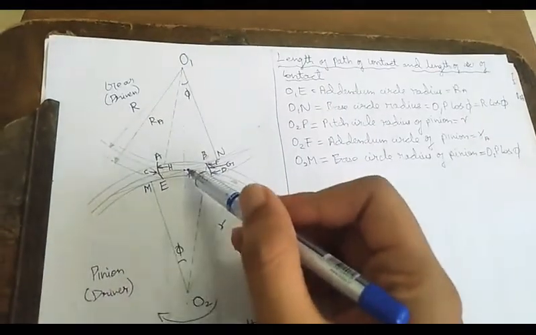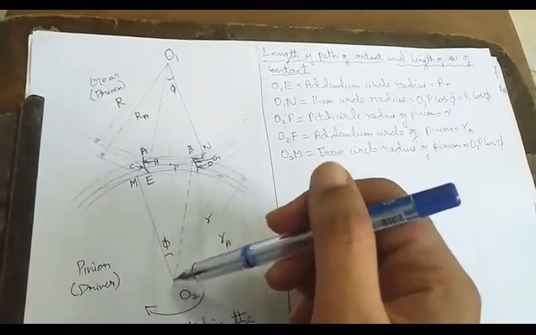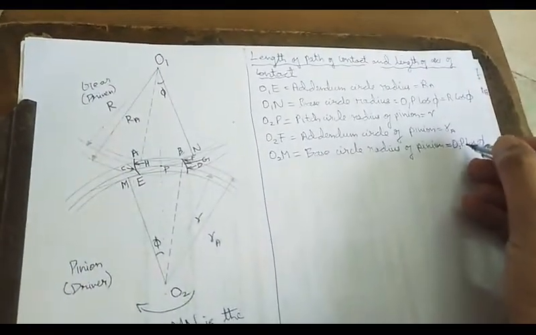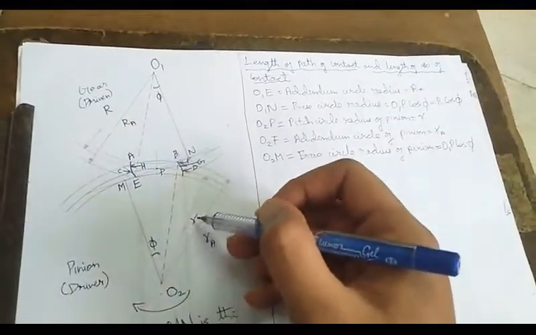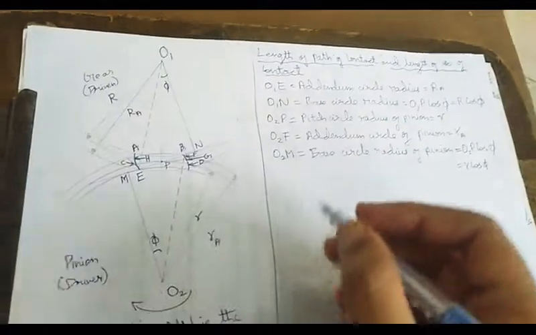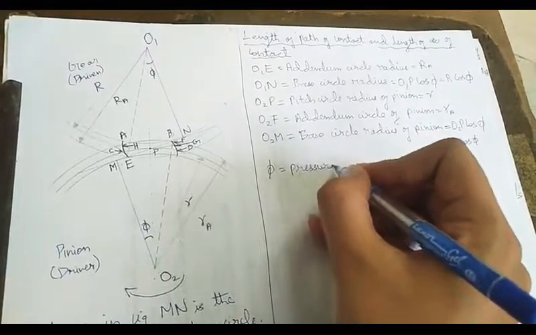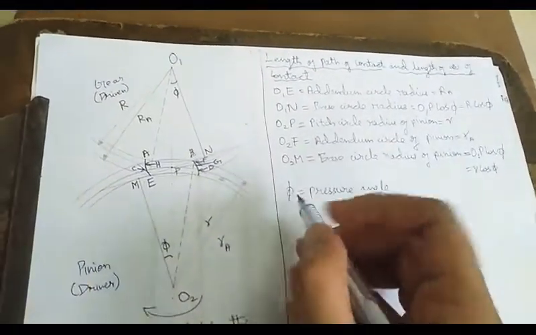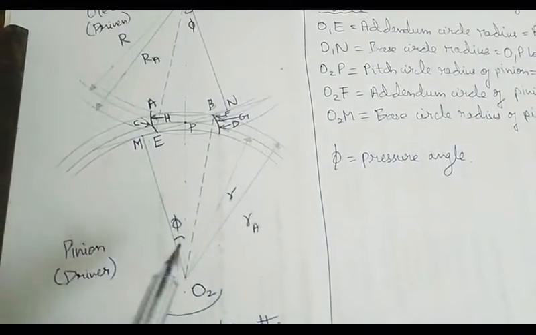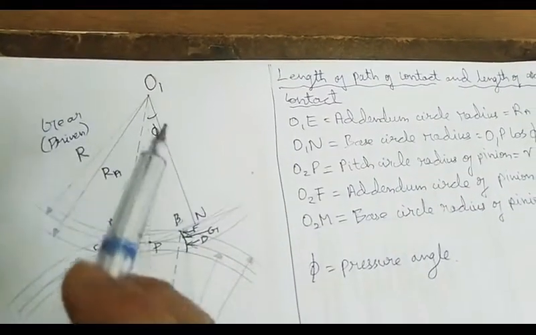O2P is nothing but the pitch circle radius small r, so I can write r cos phi, and phi is the pressure angle. Here I can show you the pressure angle phi. It is between the vertical line and the O2M line, and similarly from the vertical line to the O1N line.